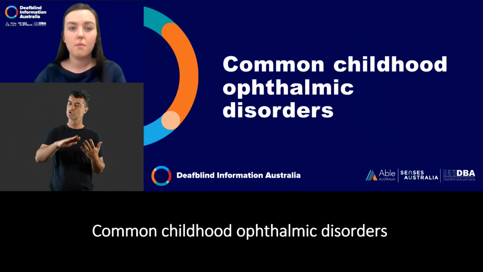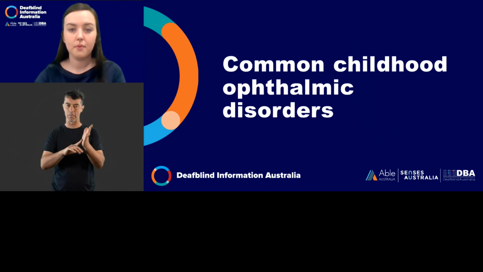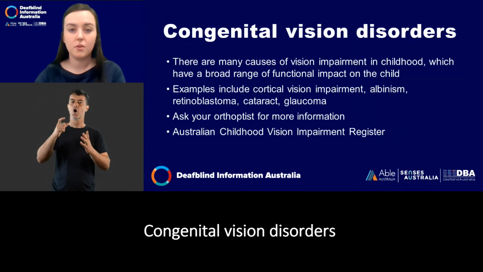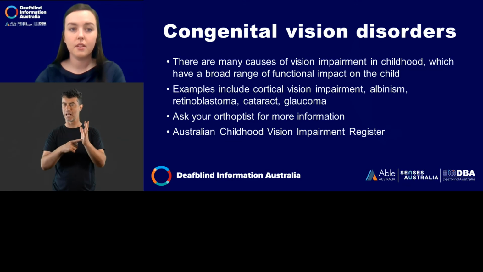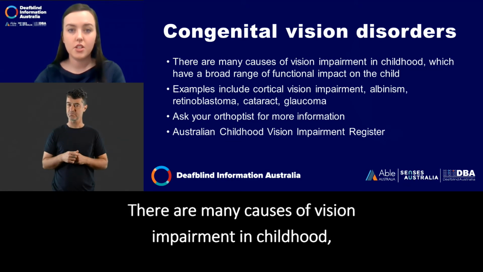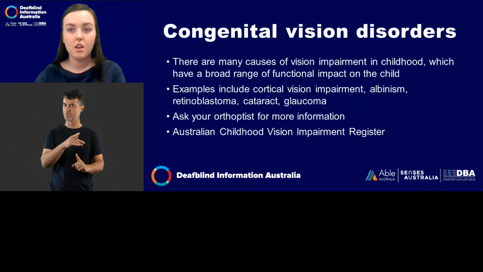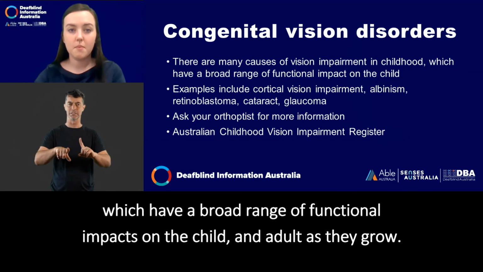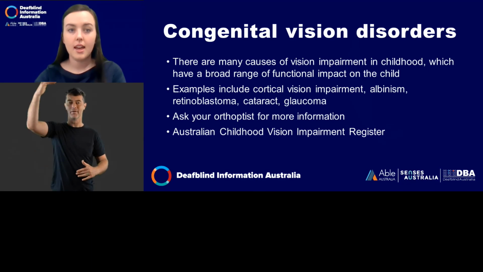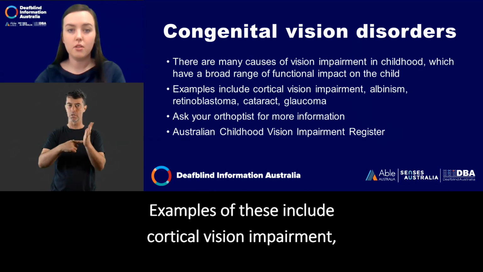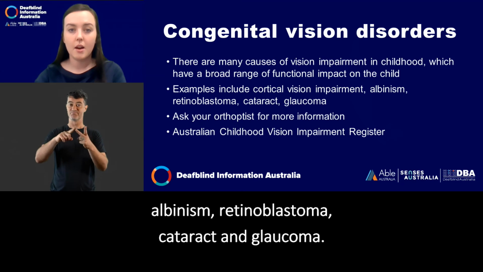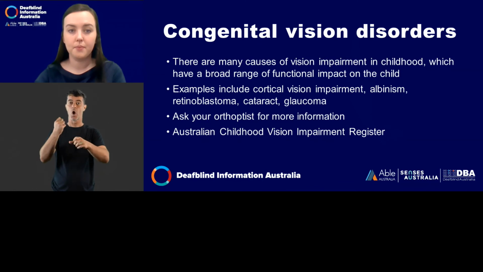Common childhood ophthalmic disorders. Congenital vision disorders. There are many causes of vision impairment in childhood, which have a broad range of functional impacts on the child and adult as they grow. Examples of these include cortical vision impairment, albinism, retinoblastoma, cataract, and glaucoma.